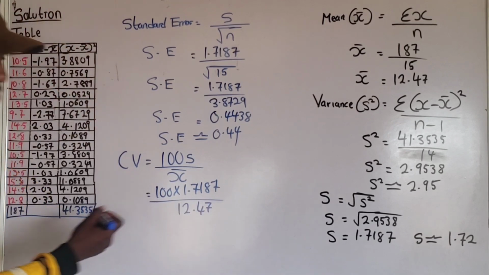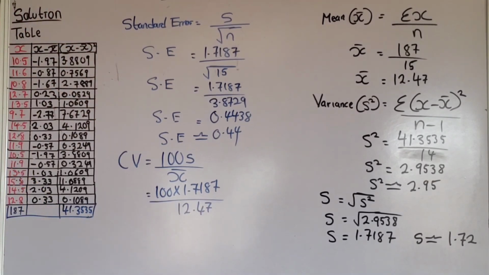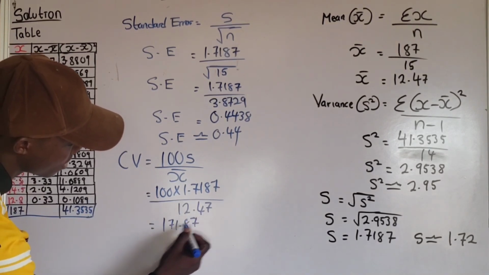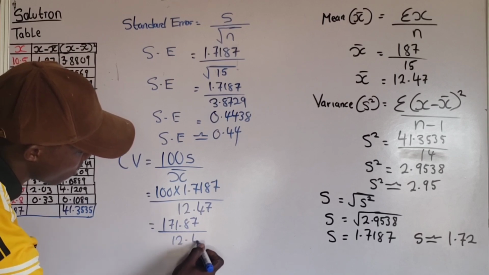So let's proceed. If you multiply 100 by 1.7187, that will give us 171.87, all over 12.47.